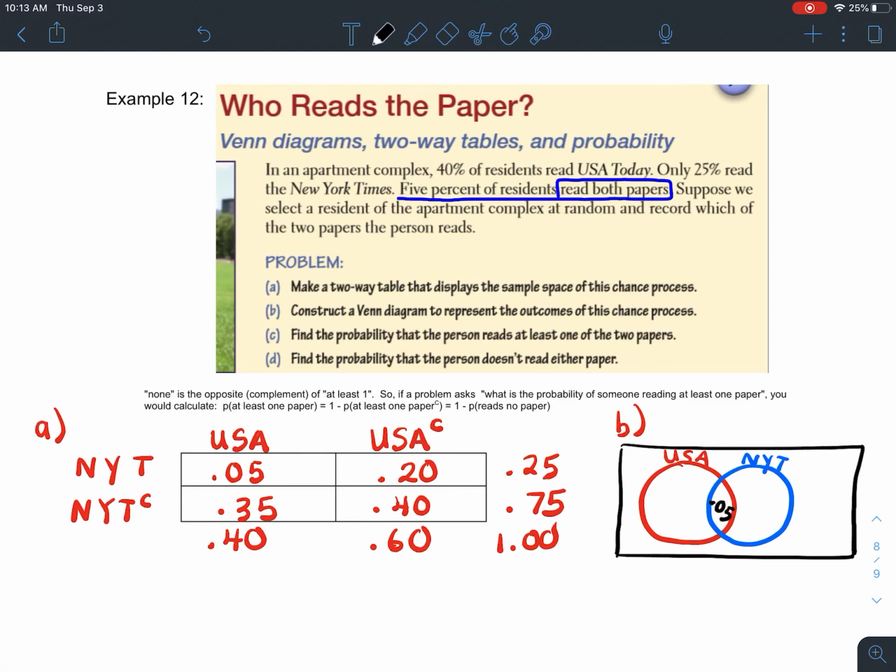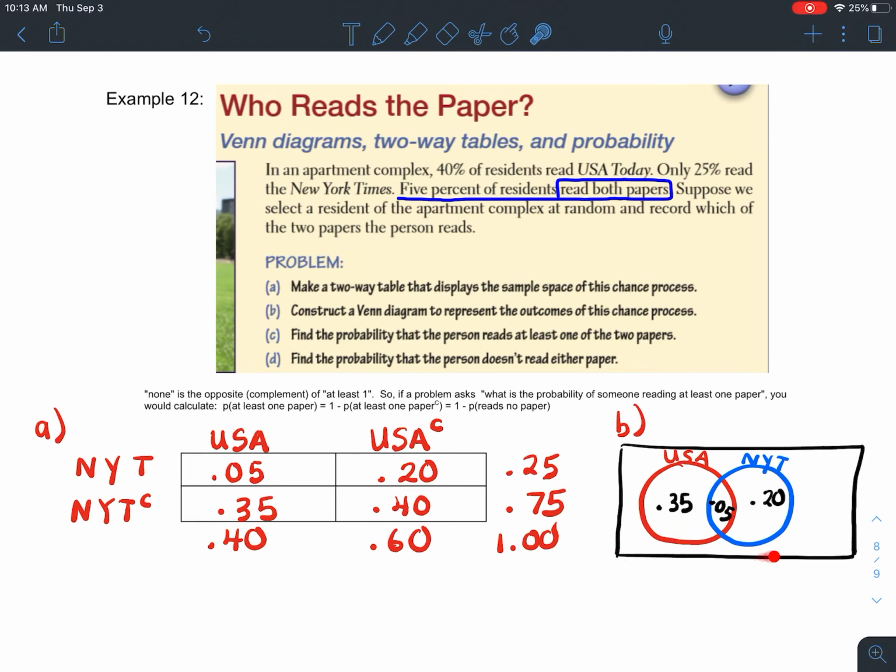They told us that the total percent of people who read the USA Today is 40%, but that includes this 5%. So what I need to fill in for this other part of the circle is 35%. Same thing with the New York Times. The total number of readers for the New York Times is 25%, but that includes this 5%. That means this is 20.